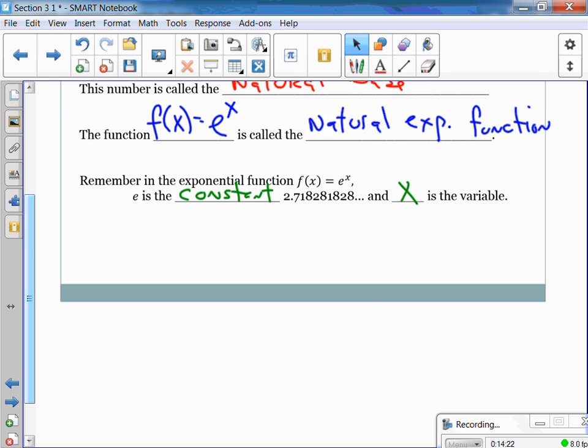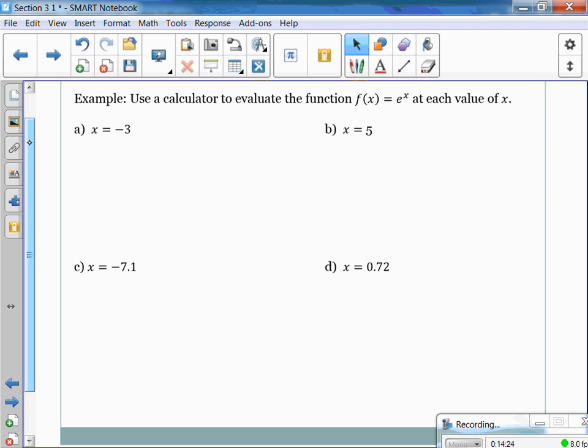Using our calculator, this is what we want. Please be something like this, right? So here, evaluating f of negative 3. Are we going to expect a large number or small number here? Why?